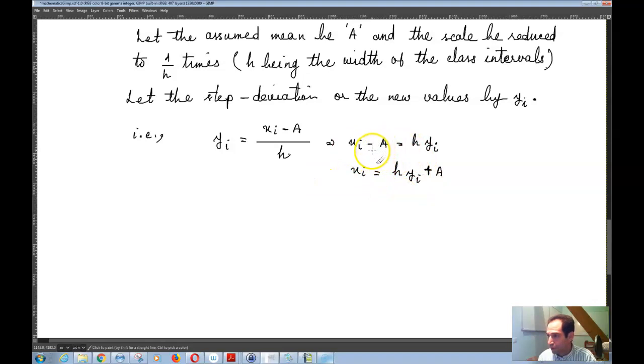And if we call this equation number 1, we also know that x bar is equal to sigma f of i x of i as i goes from 1 to n over n. That is basically the average of some n observations, right?